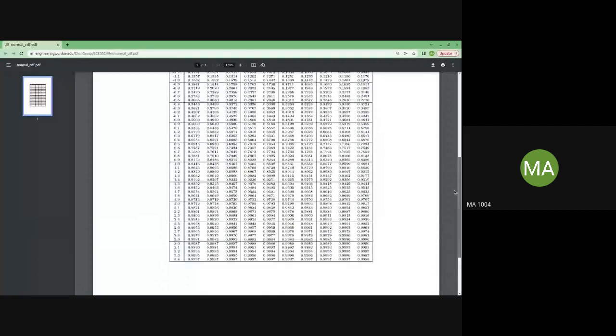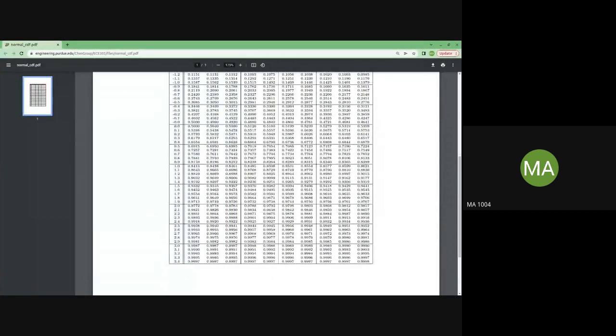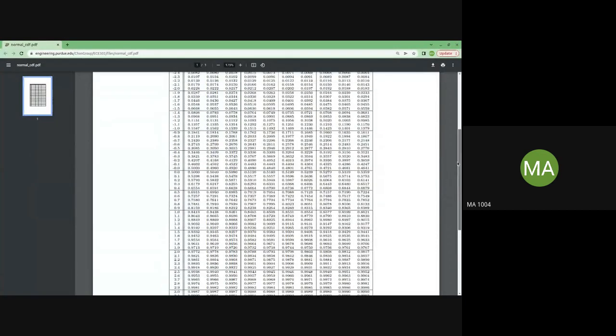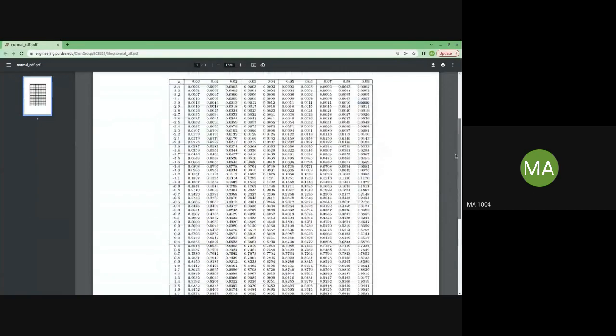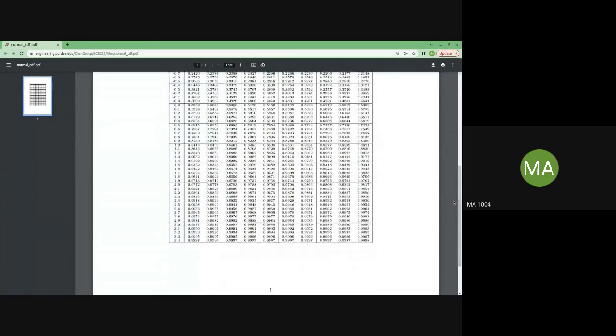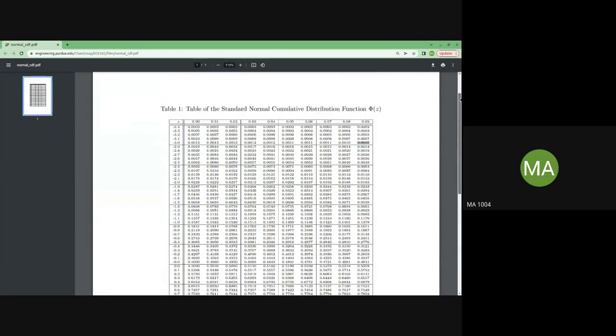So what I suggest is, instead of going through the whole table, if you learn one side of the table, you can get the other side also, because it is symmetric around the mean. If you are confused, don't go to the negative values.